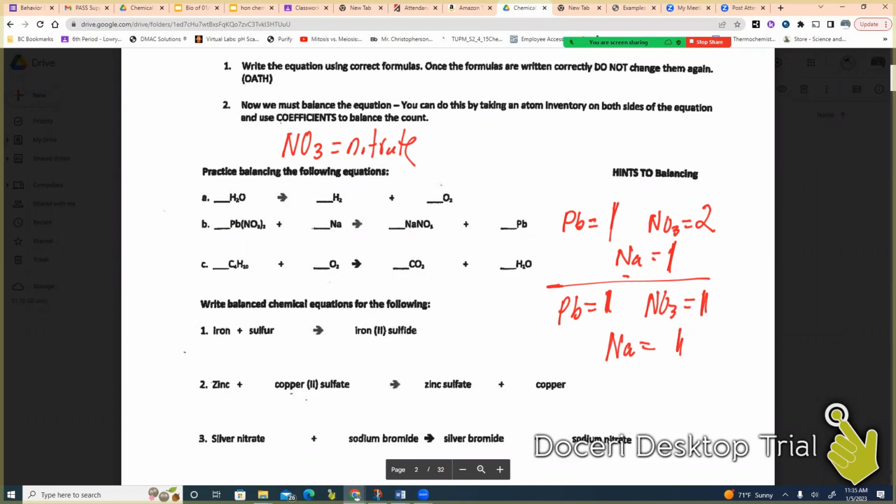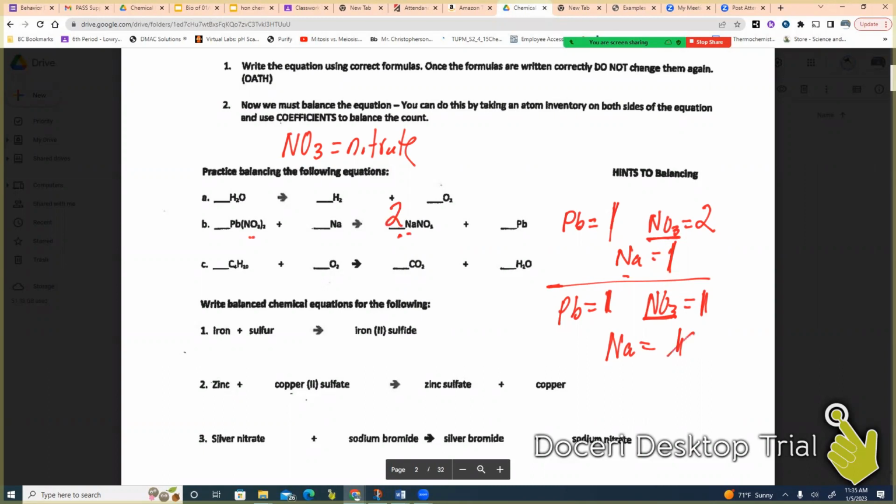Same thing, if they were all equal, then we would be through. But in this case, the nitrate, there's 2 on the reactant side and only 1 here. So I have to go to the compound that contains nitrate. I'm on the wrong side. Compound that contains nitrate and put a 2 in front of it.